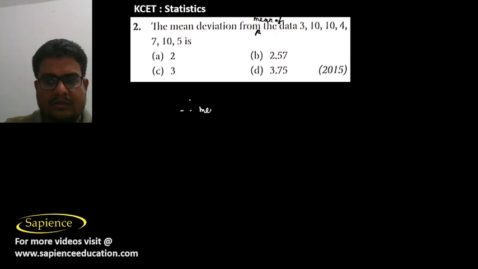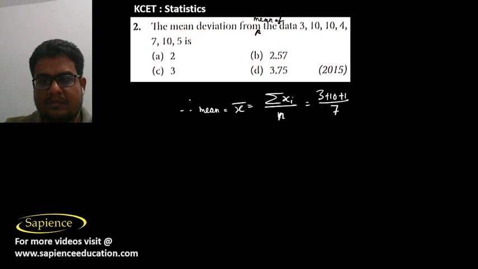Therefore the mean, that is x bar, will be equal to summation xi by n, where n is the number of observations in the data. So in this data there are 7 observations, so n is equal to 7, and for summation of xi, we have to add all these 7. So 3 plus 10 plus 10 plus 4 plus 7 plus 4 plus 7 plus 10 plus 5.